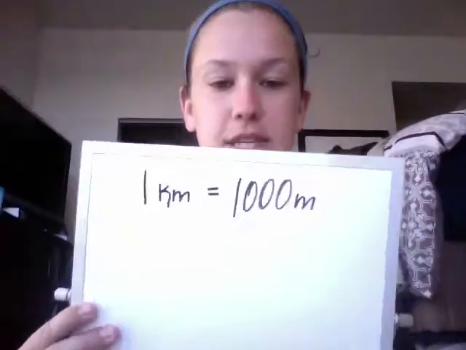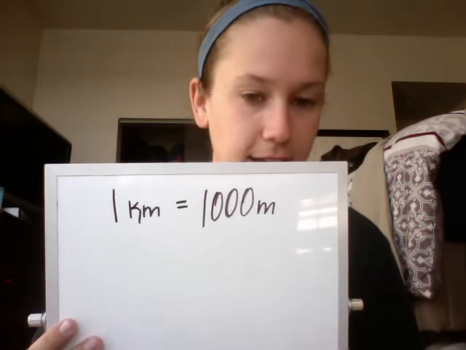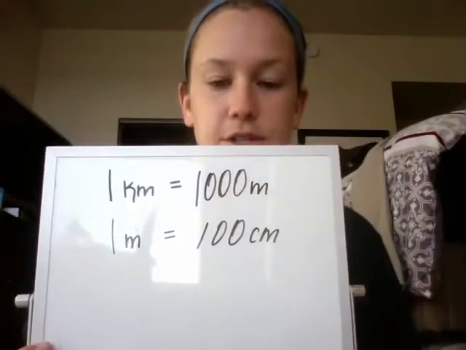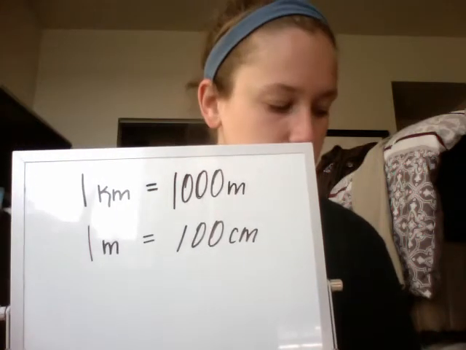So first off, 1 kilometer is equal to 1,000 meters. Go ahead and write that down. 1 meter is equal to 100 centimeters. 1 meter, 100 centimeters.